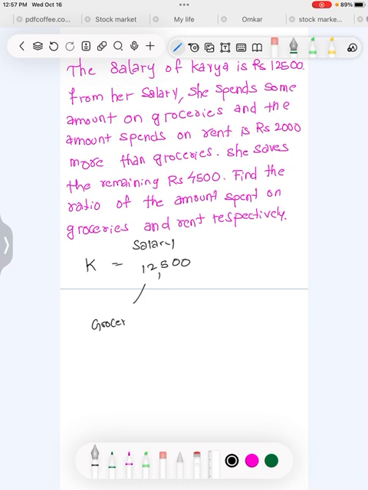Okay, and let us take it like 100 she spent. Okay, and amount spent on rent is 2000 more than groceries. It is saying that on rent it was spent 2000 more than on groceries.